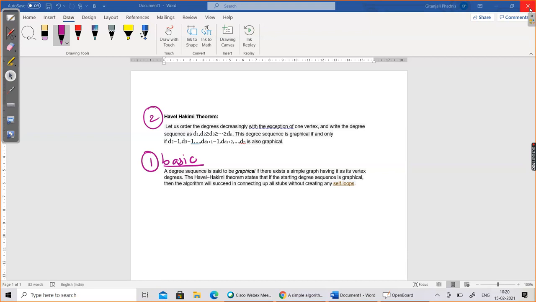You have to go on subtracting 1 from the following terms. If the first one is graphical, then the second one is graphical, and if the second one is graphical, then the first one is graphical. Finished? Yes, ma'am. Okay, let me give you one example of this.